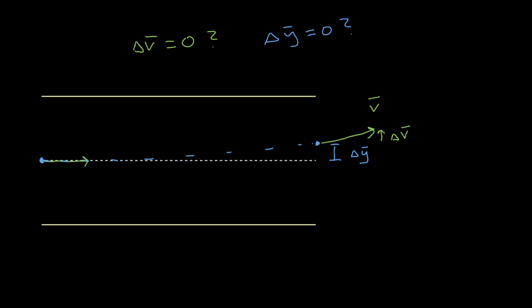Well, I certainly can't set the change in velocity to 0, because that is what's going to give us this deflection. With that small vertical component of the velocity traveling all the way to the screen, that's what creates this large deflection at the end. However, this small displacement doesn't propagate.